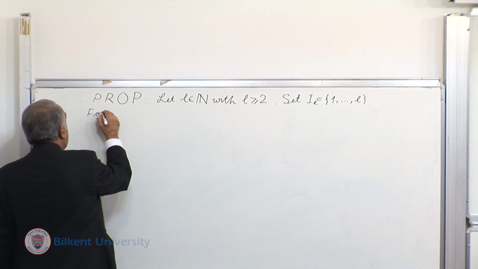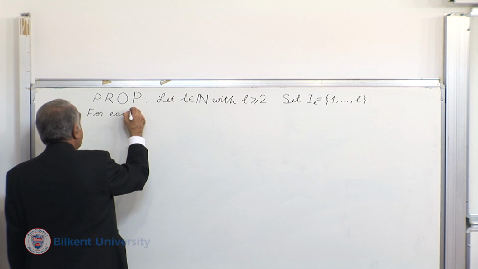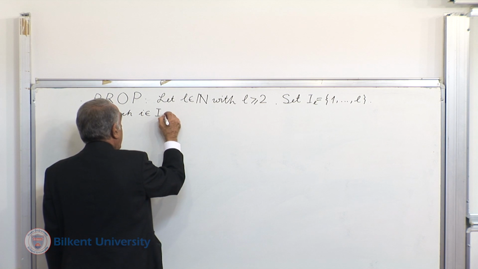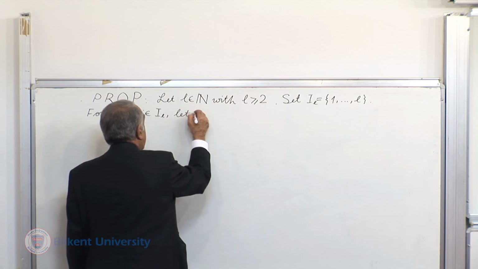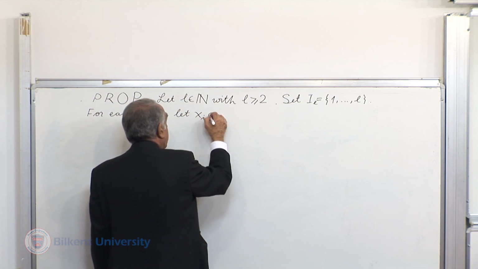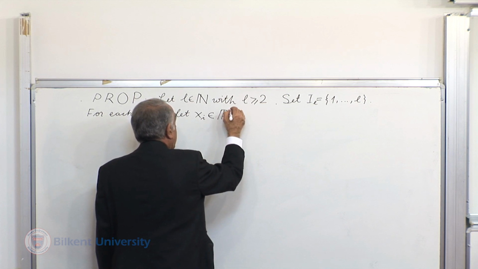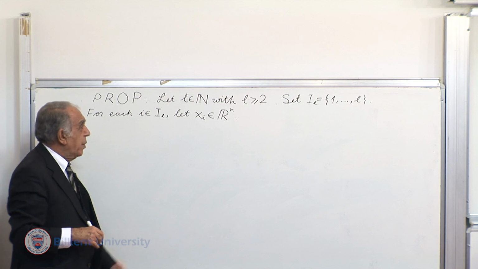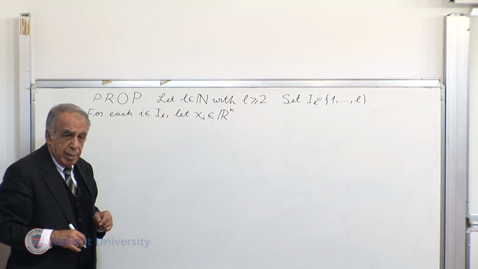For each i in IL, let xi be some n vector, some member of Rn. So we have here x1, x2 up to xl.